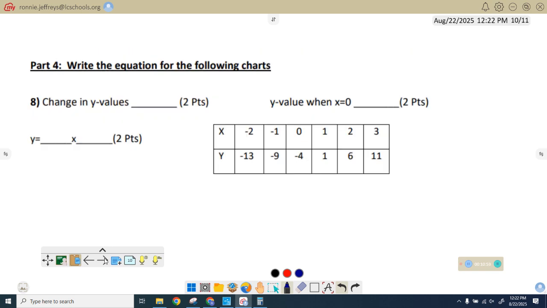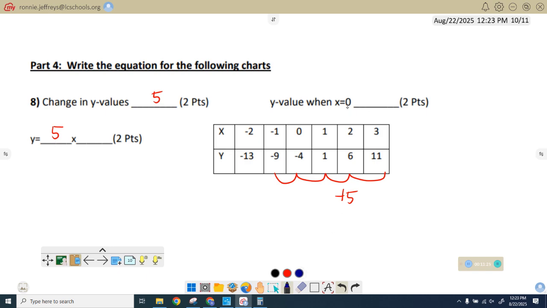This is what we did recently. The change in y values, well, what's happening here? Yeah, we're adding 5. That goes right here. I don't know why I have 3 different 5s written up there, and they're all written in 3 different ways.